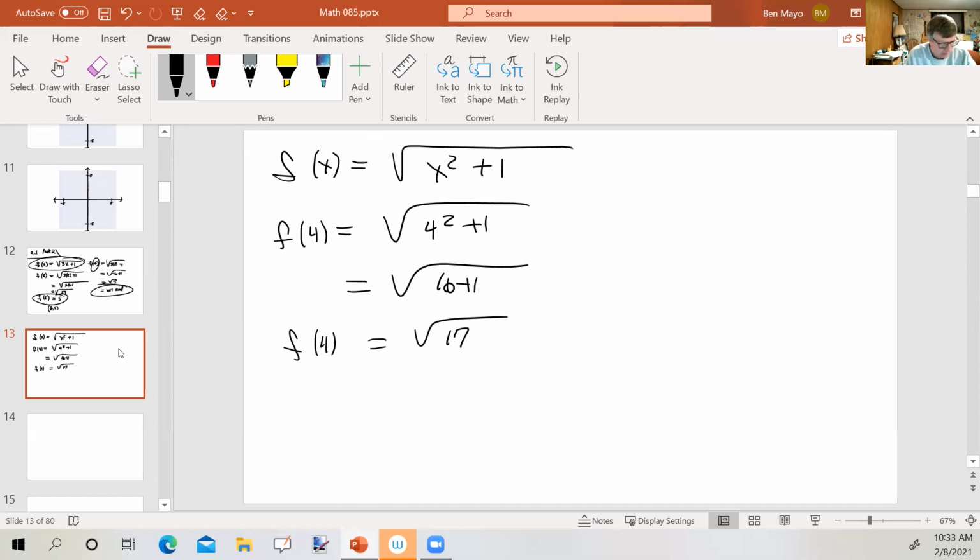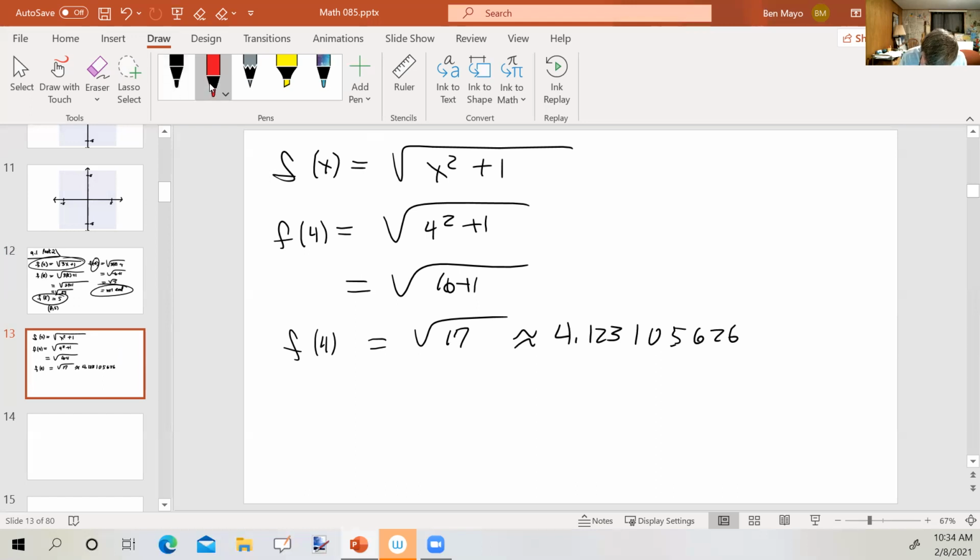However, going to our calculator, second square root 17, it says round to the nearest 10,000th. Well, let's see here. I'm getting 4.123105626.